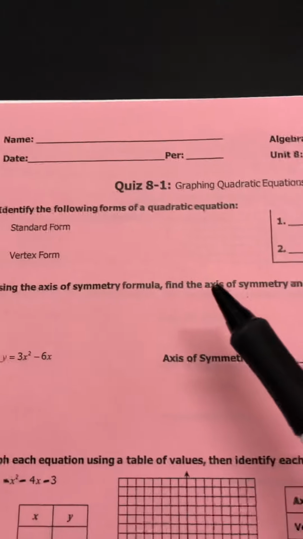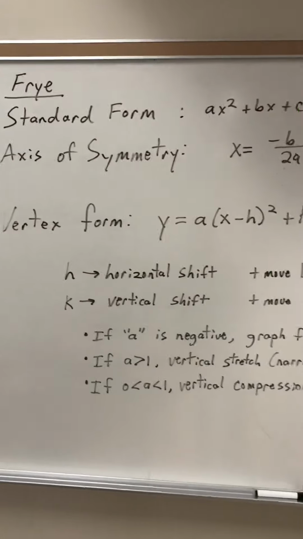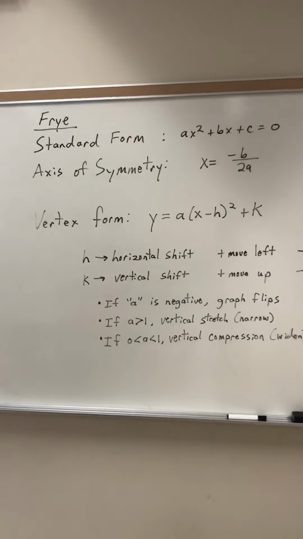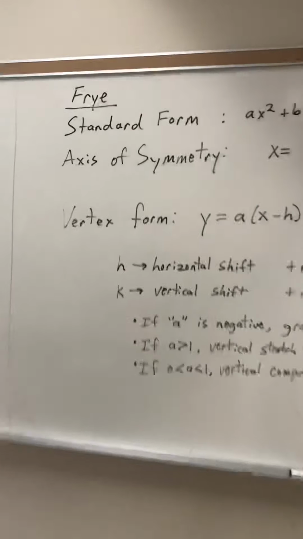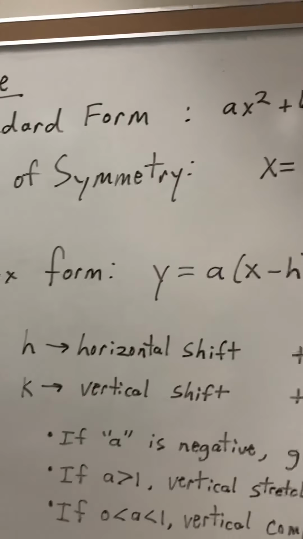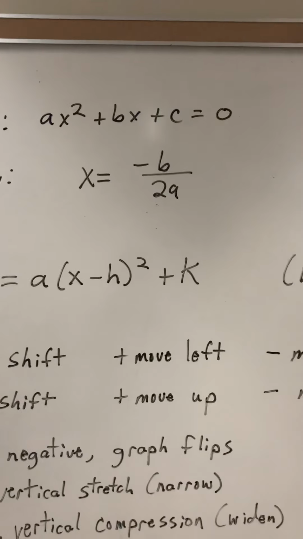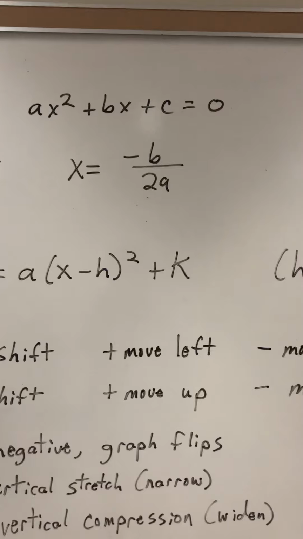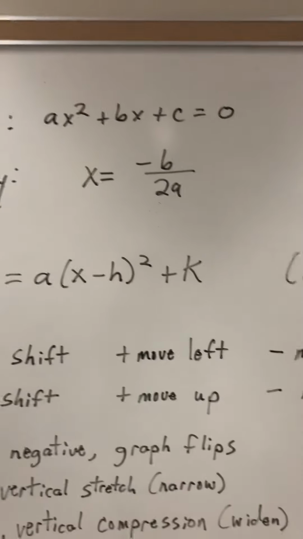So I'm going to be looking at this pink paper. So notes that you'll need. You may want to pause the video here, and maybe zoom in on this. But you're going to need standard form. You're going to need to write that down where you have ax to the second power plus bx plus c equals 0.